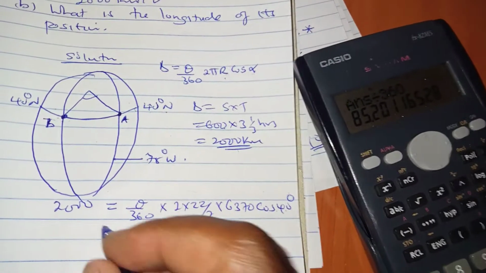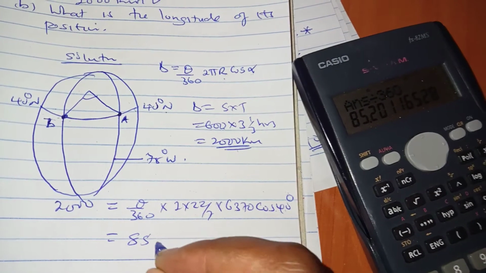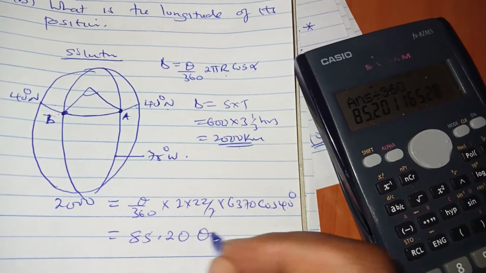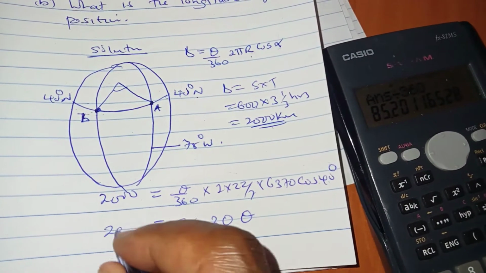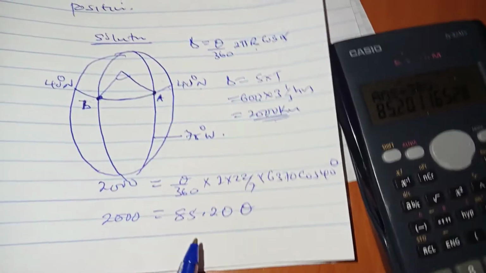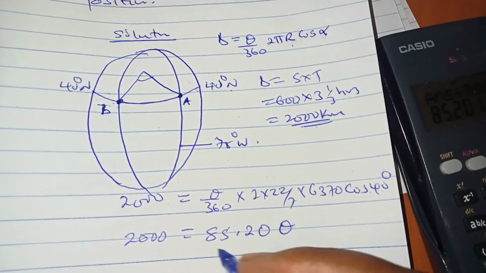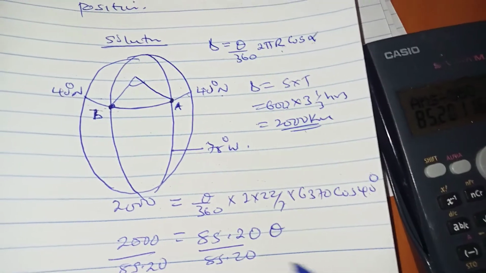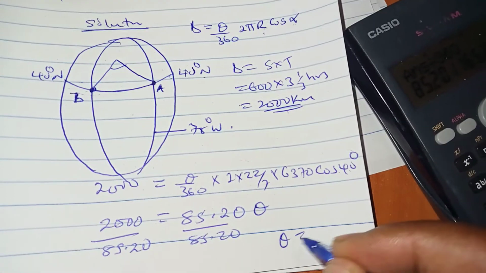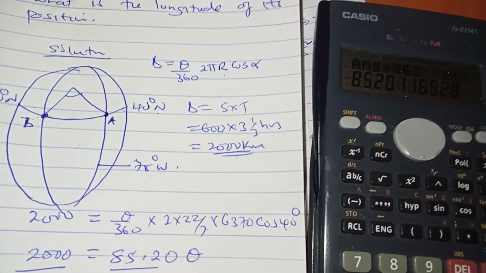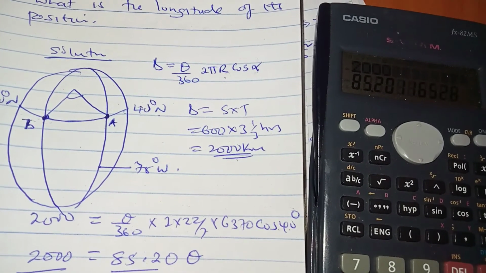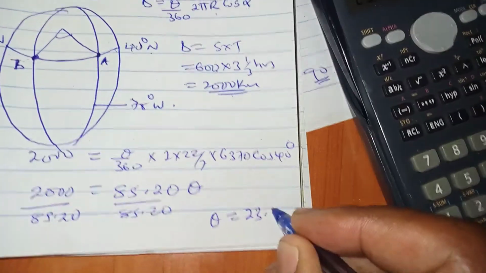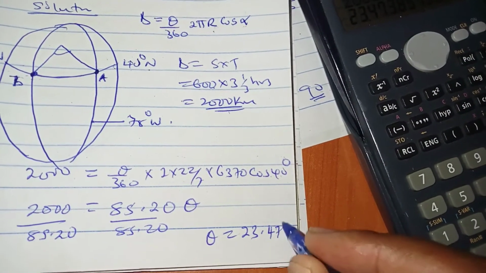So it seems like on the right hand side I have 85.20, then multiplied by theta. On the left hand side I have 2000. So I divide by 85.20 on both sides, and my theta turns out to be 23.47 degrees.